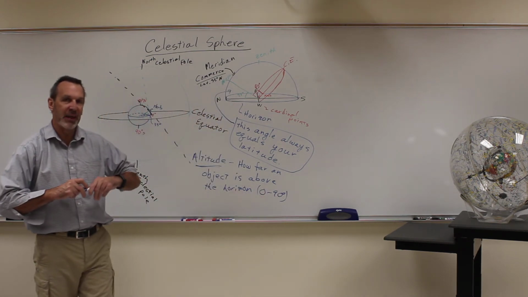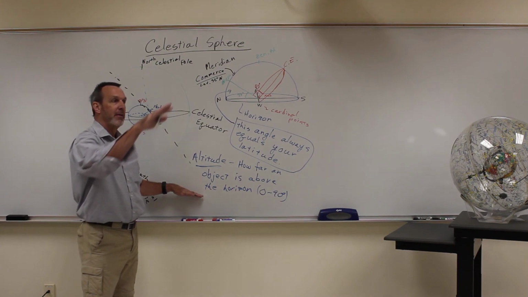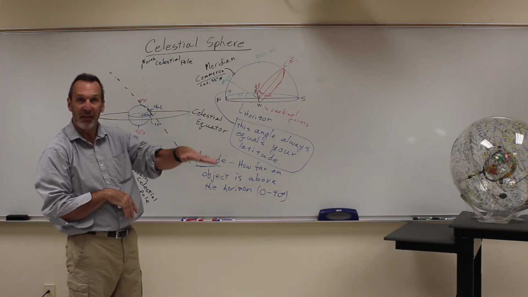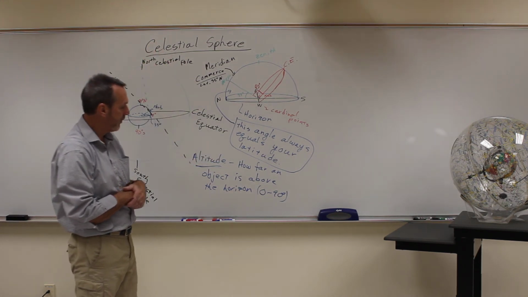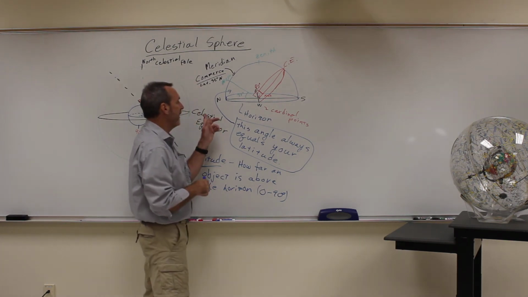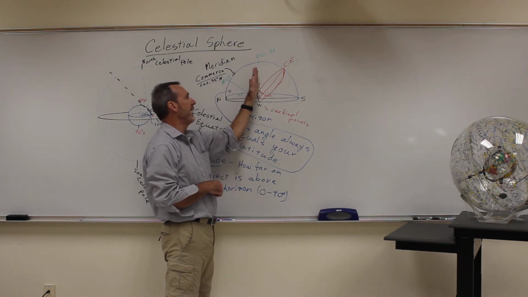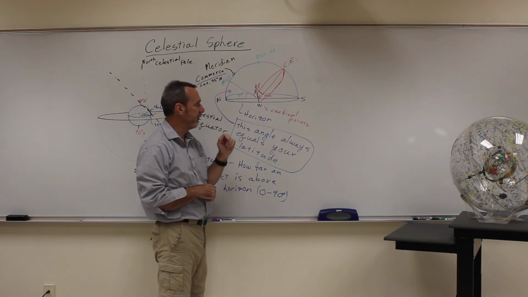Now it can go negative, it can go below the horizon too, and sometimes we use that and say, oh, the object is at negative altitude. That means you can't see it yet. You can only see it when it's at a positive altitude. So it's how far it is above the horizon. So if we look at this, the zenith, which is straight up, is at an angle of 90 degrees from the horizon, so that would have an altitude of 90 degrees.